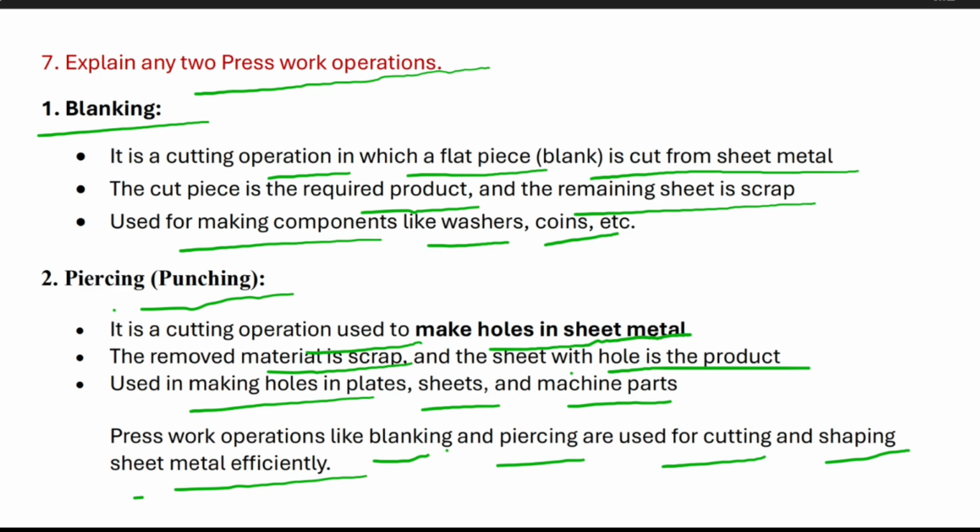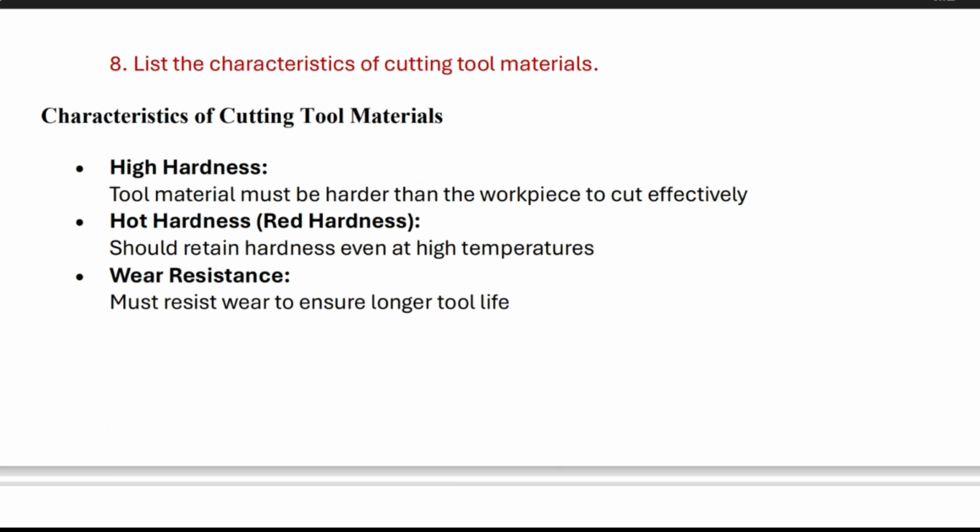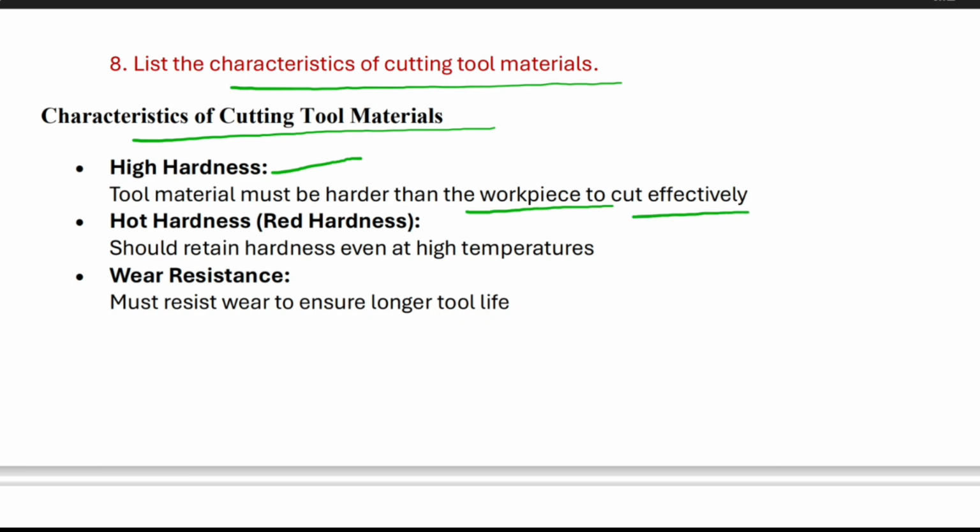Next, list the characteristics of cutting tool materials. These are the characteristics of cutting tool materials. High hardness: the material must be harder than the workpiece to cut efficiently. Hot hardness, also called red hardness: it should retain hardness even at high temperature.